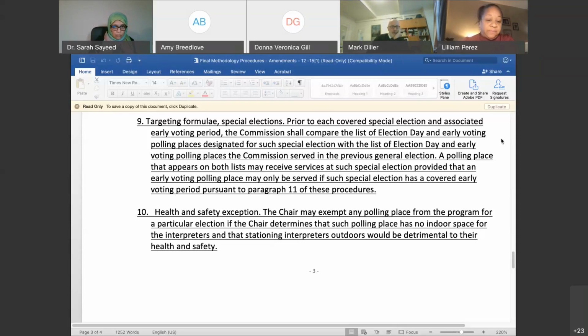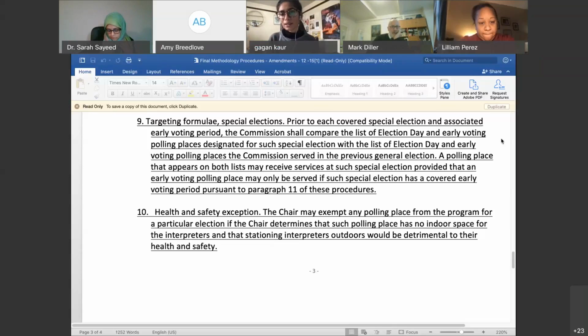So let us know. Yeah, this is Gagan. I just wanted to jump in for one second and add the additional information that this is part of the election law: non-BOE staff must be outside of the polling room or outside of the guardrails unless there is approval, and that power lies with the Board of Elections.